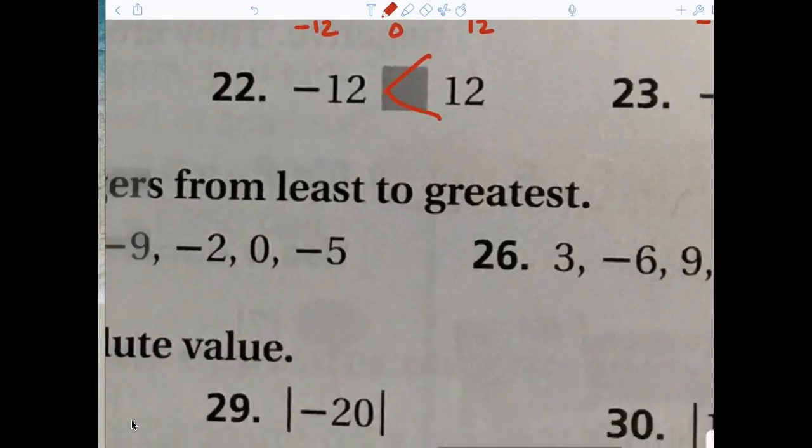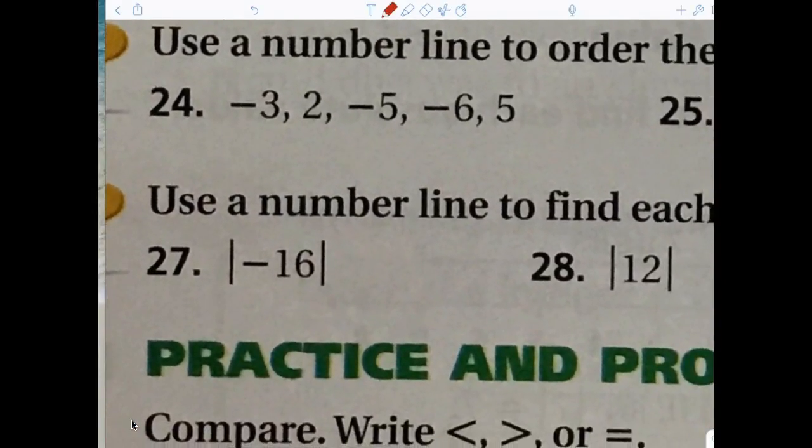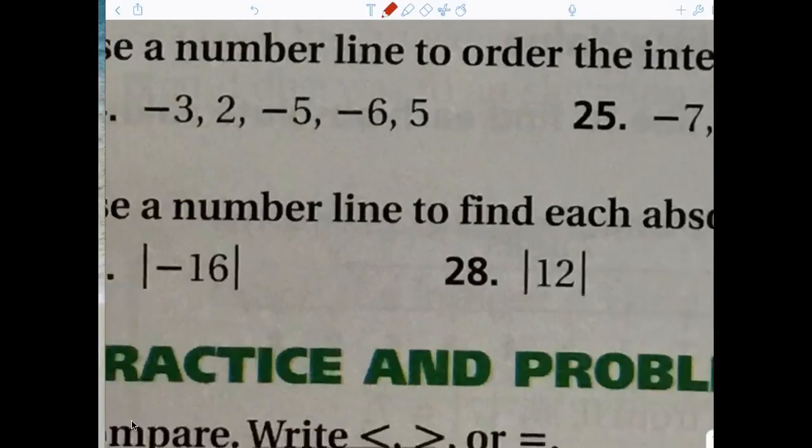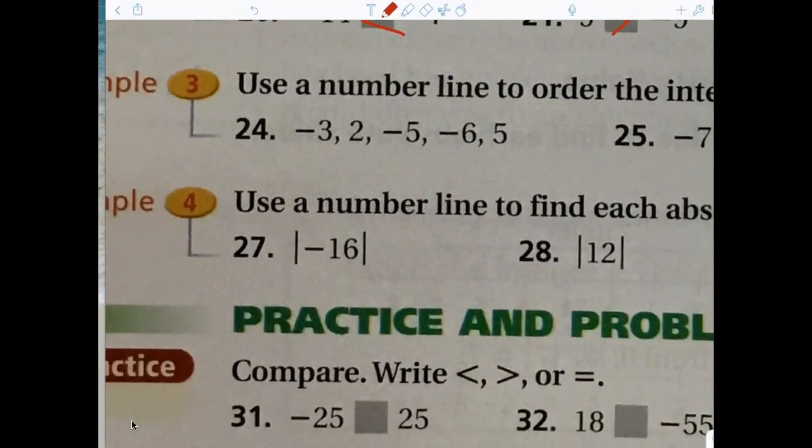All right. So you help me out with 24 again. You got to read me the numbers from smallest to largest. Just read them first. -6. Good. -5, -3, 2. You're awesome. It's easy. Avery, you're up. 25. All right. You guys, go ahead. Everybody do 24.